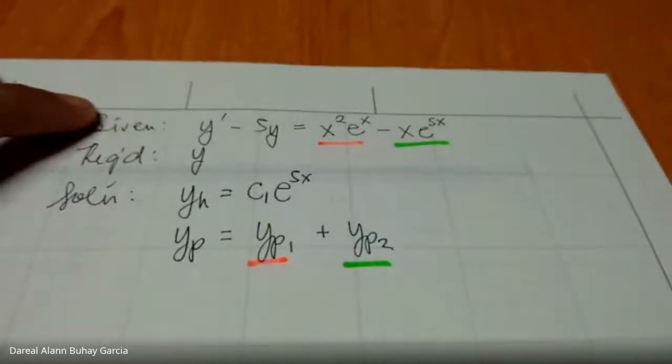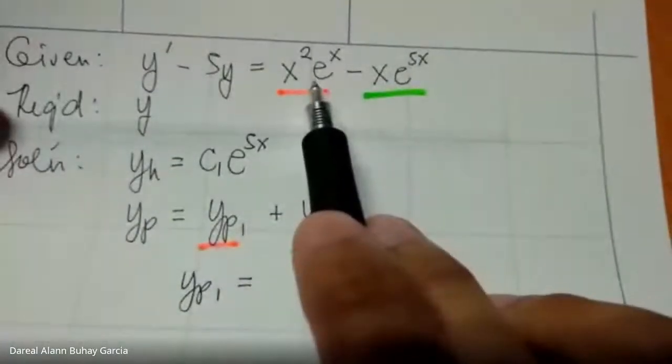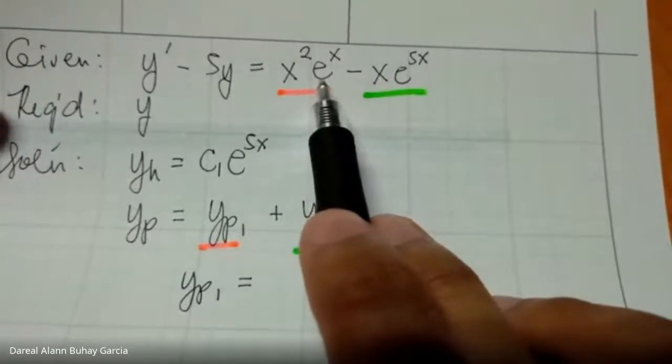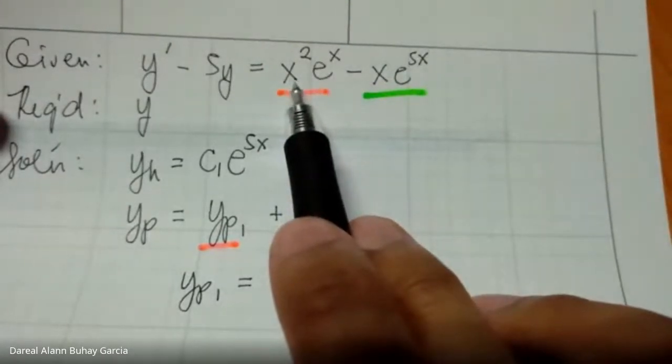So, the form of YP1. It is a product of an exponential function and a polynomial.